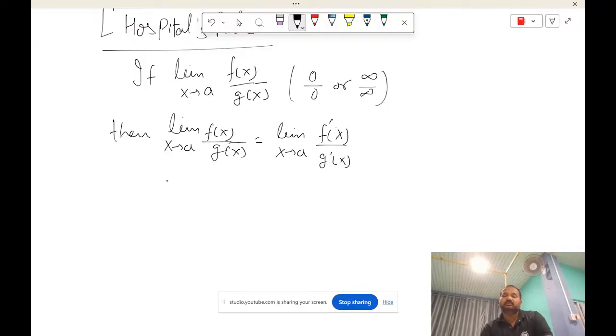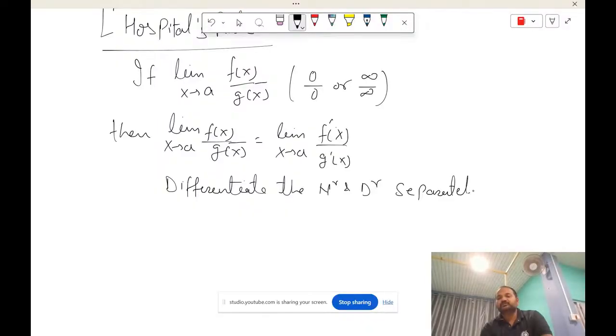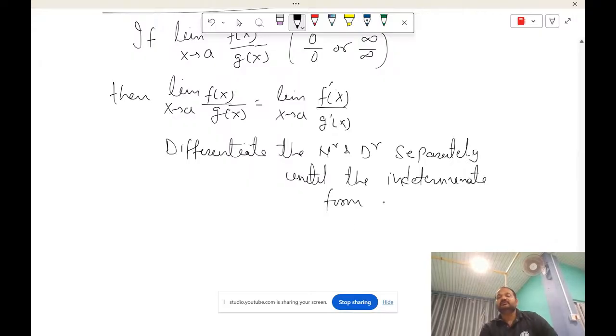So in the L'Hospital rule, what we actually do is differentiate the numerator and denominator separately until the indeterminate form, that is 0 by 0 or infinity by infinity, is removed.